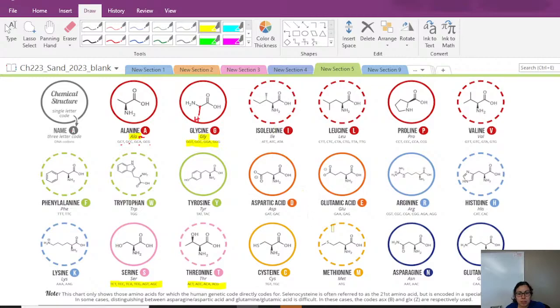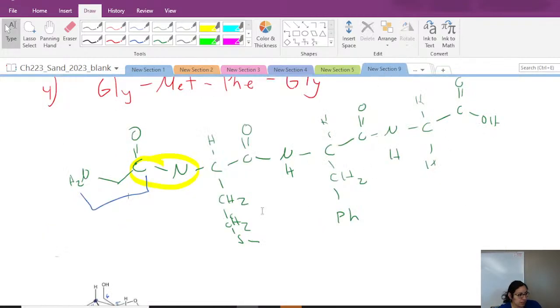So let's see. Hang on, I need another reference sheet. As you can tell, I don't know my amino acids. I never took biochem, so I never had to memorize them.